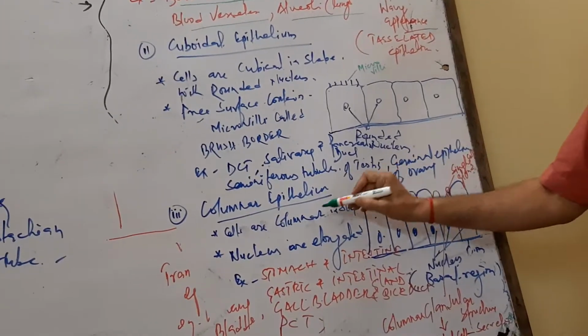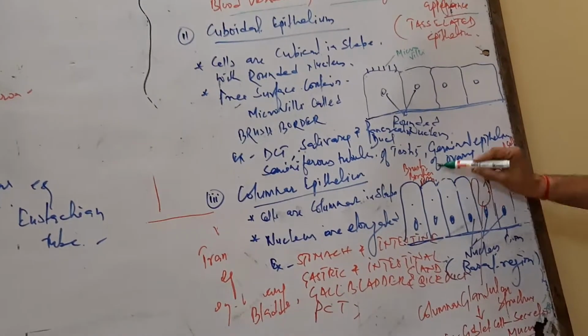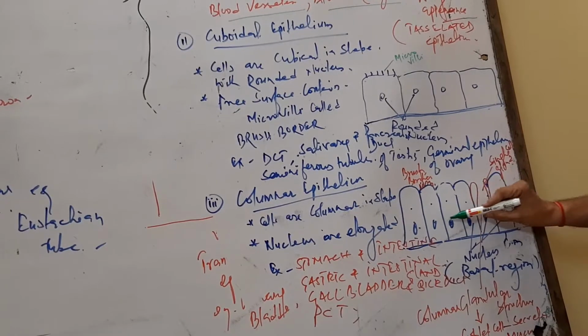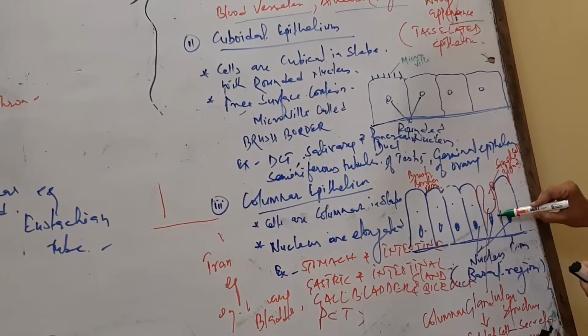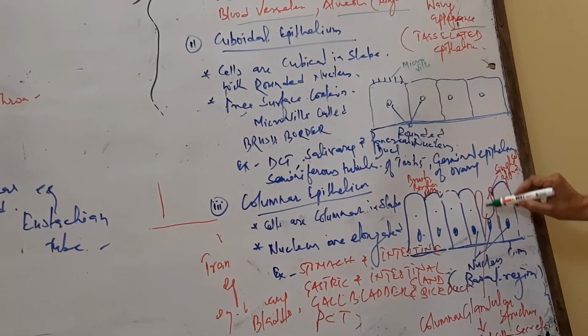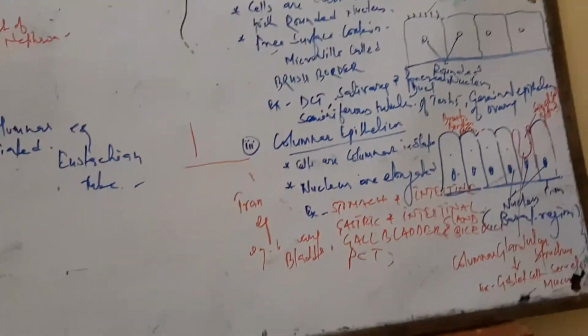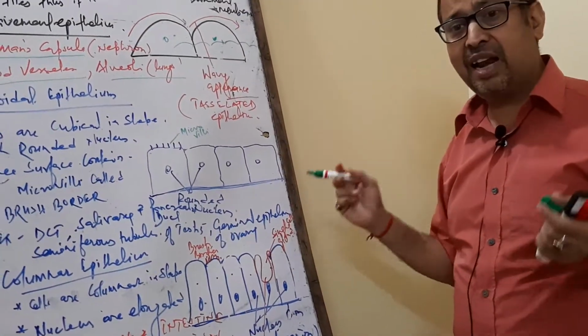Now we come to the columnar epithelium. Here the cells are columnar, more elongated, and the nucleus is also elongated, positioned in the basal region. The columnar cells can become glandular. This is called a goblet cell, a single gland cell which secretes mucus.